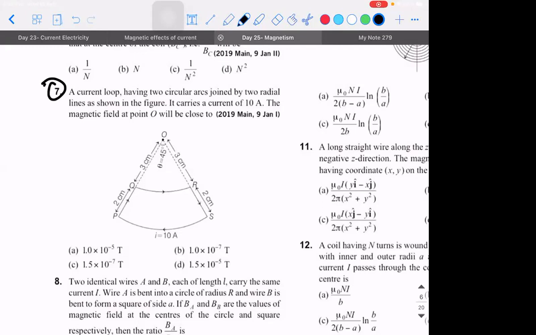Everybody? So 45 converted to pi by 4. Did you convert to radians? Oh, no sir, I just put 45. So mu naught divided by 4 pi into I divided by R into theta, the big formula.